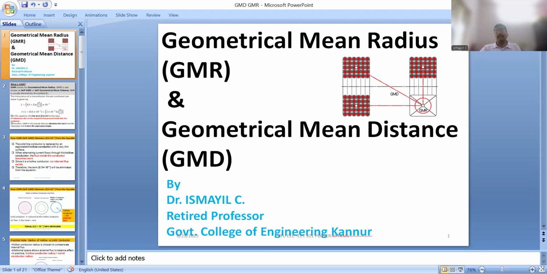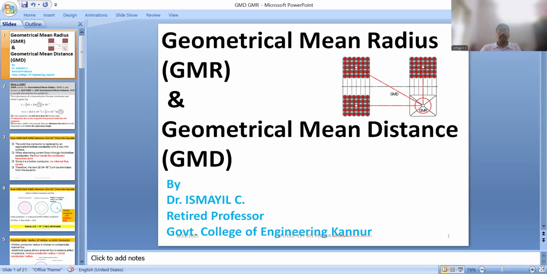But in the unsymmetrical case, the distance between R and Y will not be equal to Y and B, and will not be equal to B and R. That is, D12, D31, D23 are unequal. But in the symmetrical case, these distances are the same. That's the difference between symmetrical and unsymmetrical arrangement.